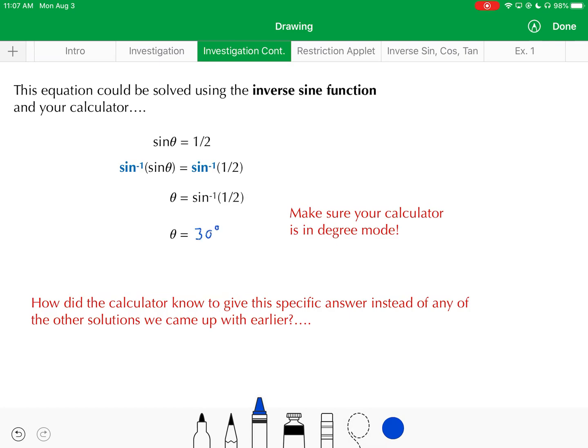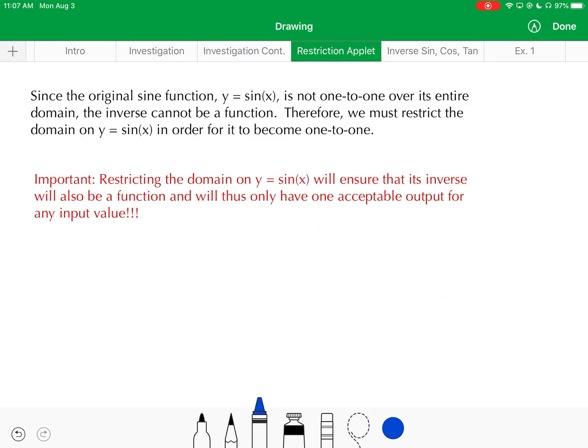All right, so now the question becomes, how did the calculator know to give this specific answer of 30 degrees instead of any of the other solutions that we came up with on the previous page here, okay? Well, it all has to do with a restriction on the inverse sine function, okay? Recall, the original sine function, y equals sine of x, it's not one-to-one over its entire domain. It's not one-to-one because if you think of the graph of sine, it doesn't pass the horizontal line test, right?